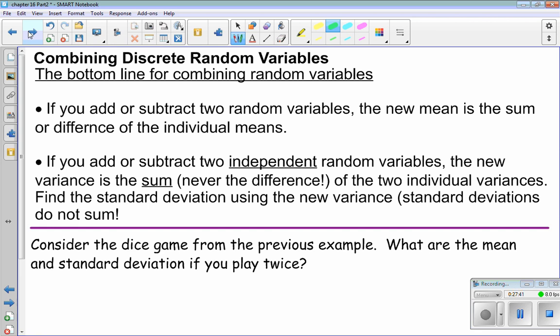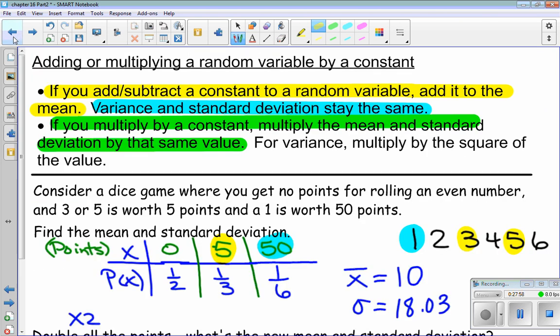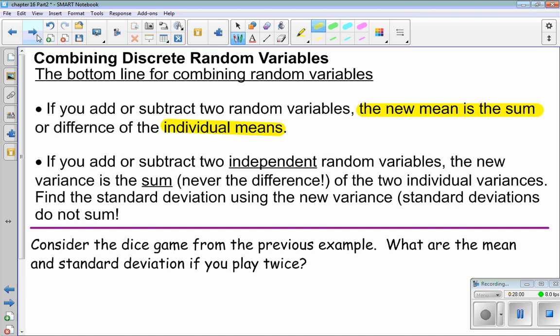The new mean is just the sum or the difference of the individual means. So if the mean of the dice was 10 and the mean of the wheel was 16, what's the mean of the combined total points?